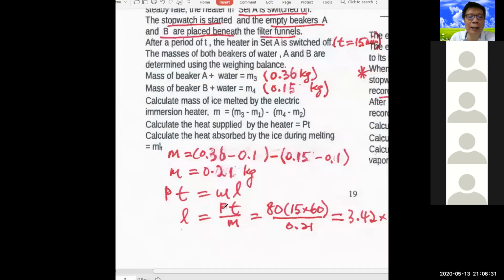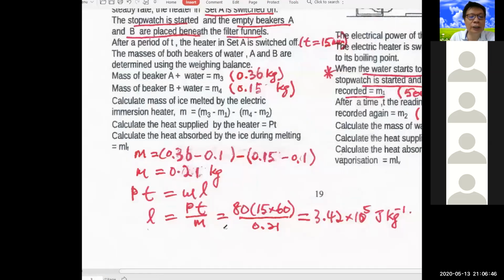So you substitute power 80, time 15 minutes changed to seconds. The mass here must be the mass of ice melted by the heat from the heater only, so it's 0.21. Then you calculate and get 3.42 times 10 to the power of 5 joule per kilogram. Understand the experiment now?